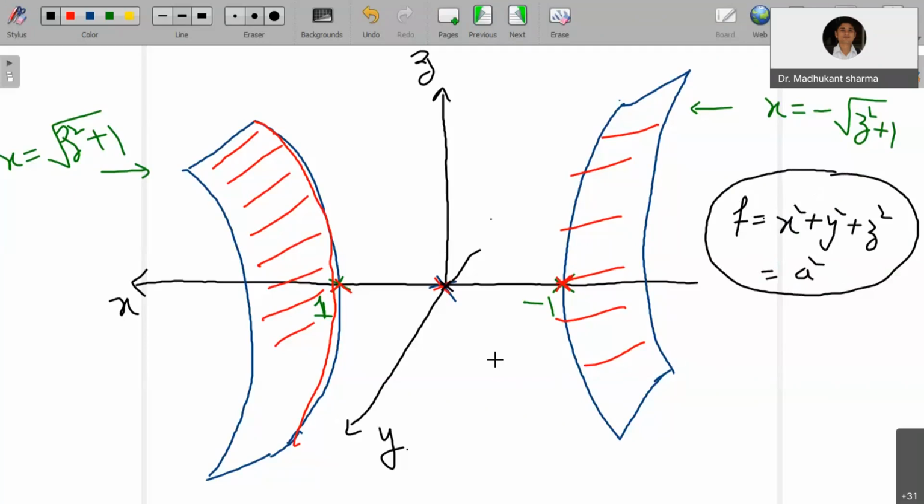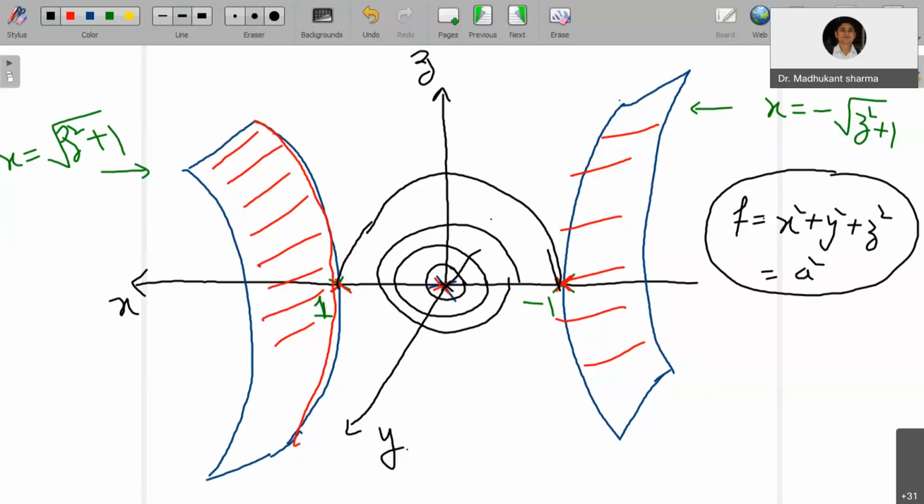So you can imagine it like a soap bubble. At the origin, you draw a sphere, and it will enlarge as long as it touches the surface. It is enlarged in such a way that at the end it will touch the surface. That is geometrically fine, so that can be drawn.